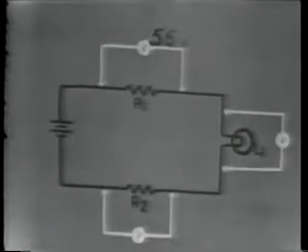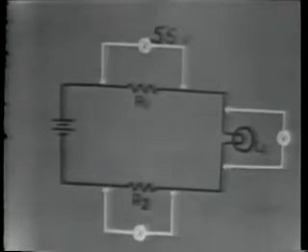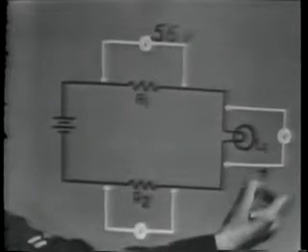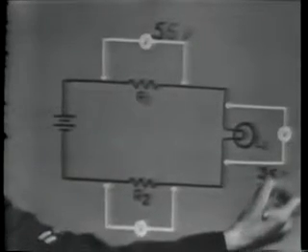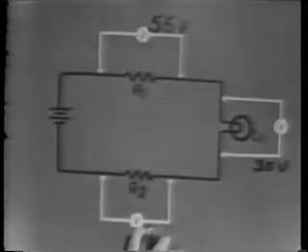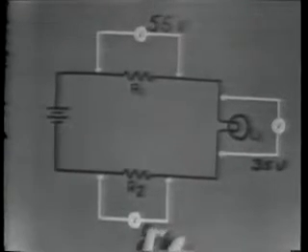When the meter is connected across L1, it indicates 35 volts. When the voltmeter is connected across R2, it indicates 0 volts. Now, what trouble or troubles would there have to be in this circuit to give these indications?